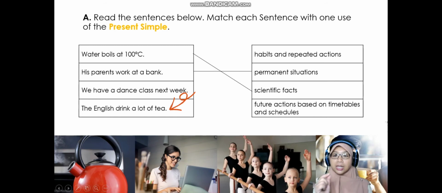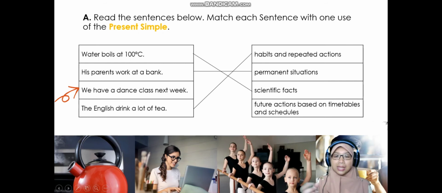The English means it's not English language, tapi the English refer to English people. Orang English. Alright, the English drink a lot of tea. It's a habit and repeated action. We have a dance class next week.